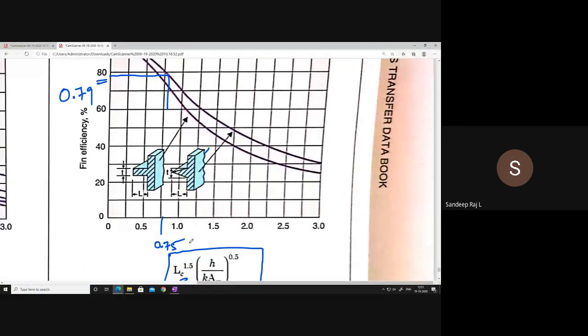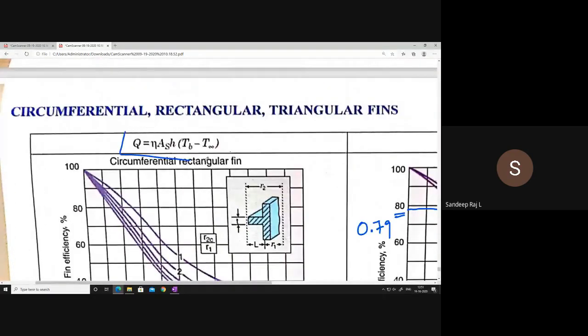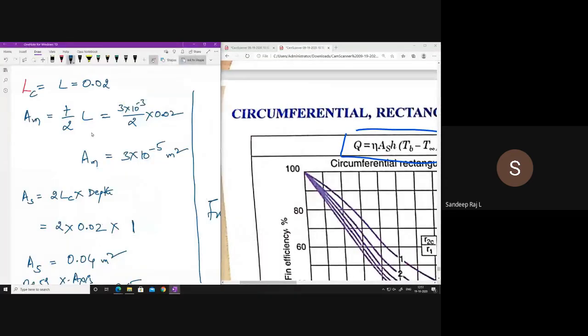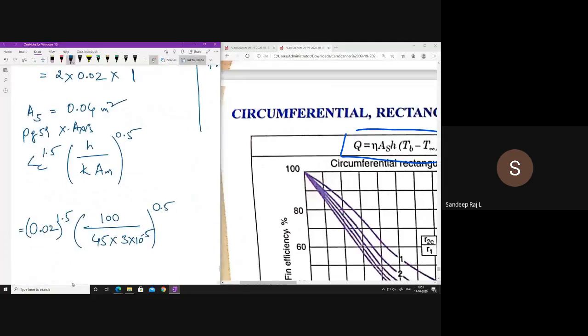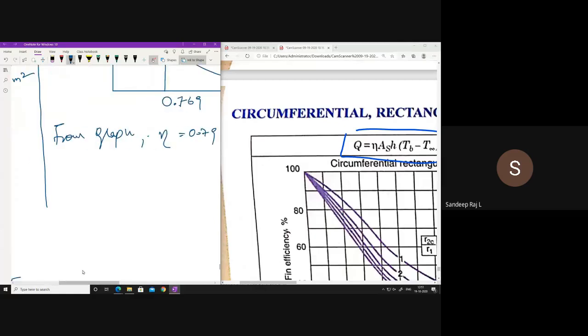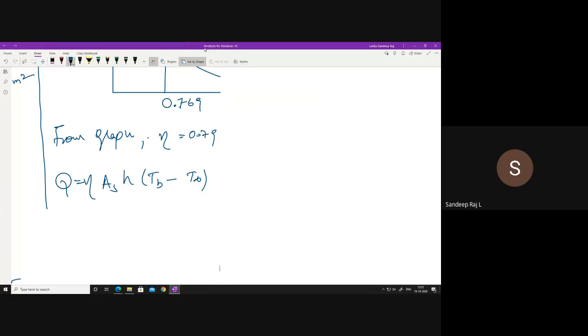What is the next thing to do? You have to find out the Q. The Q formula is given on the top here. The same Q formula, we will put it here. Q is equal to efficiency into AF into H into TB minus T infinity. This formula I have written here. So now tell me, what is the efficiency?